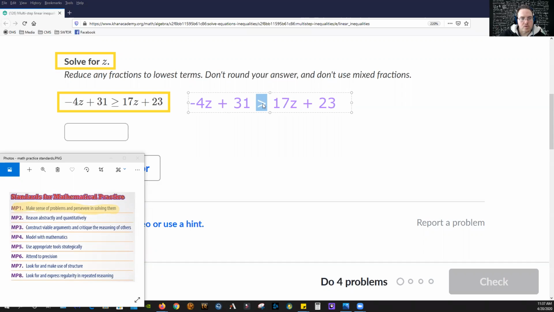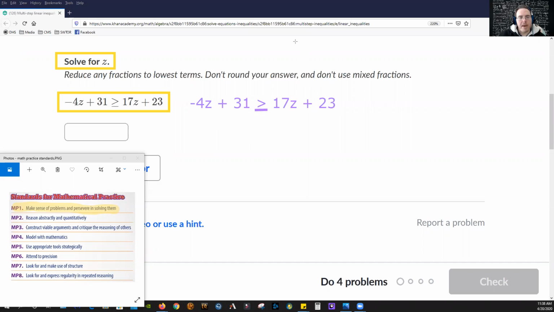And I have to go back and select this. Let's see if this works. Nah, it didn't. Okay. So I just need to manually draw a line. 1 second. So negative 4z plus 31 is greater than or equal to 17z plus 23. Okay.